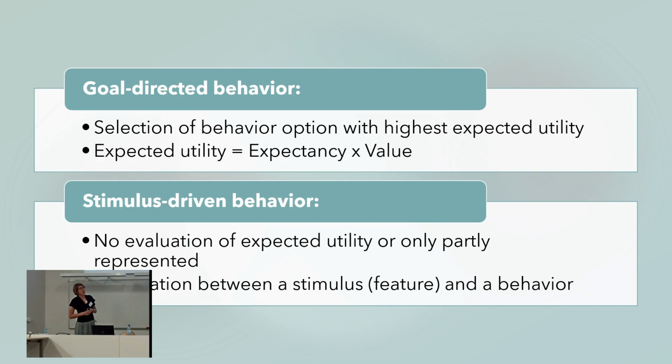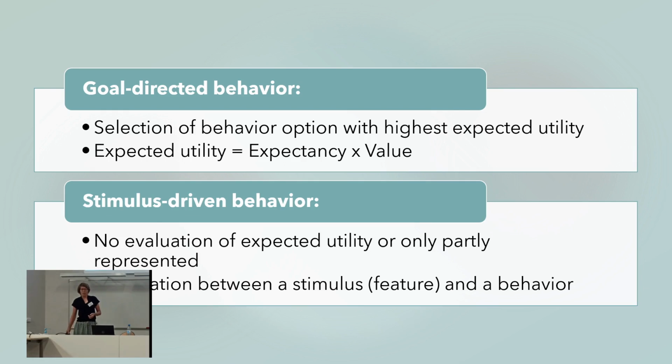Stimulus-driven behavior is behavior for which the expected utility is not complete. Either you only have a representation of the value, for instance a goal incongruence, but you don't do the expectancy calculation, or you only have the expectancy but not the goal, or you have none of this. So stimulus-driven behavior is a behavior where you just have an association between a stimulus feature and a behavior, and if you activate this association, you trigger the behavior.